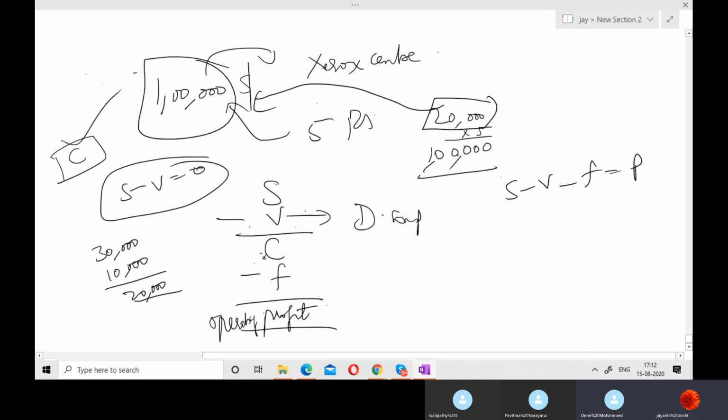It keeps variable cost separate and fixed cost separate, and between these two you have this particular thing called contribution. So you are not directly subtracting variable and fixed cost from sales revenue to see the profit. First, if I subtract variable cost from sales, I get contribution. And when I subtract the fixed cost from contribution, I get the profit.